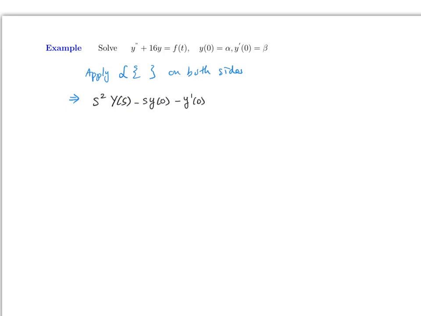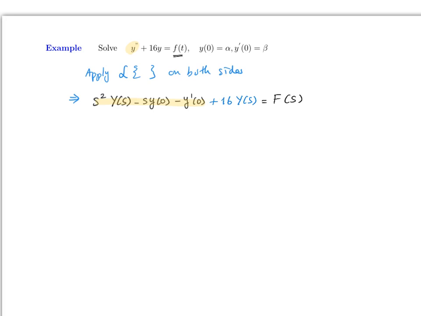So remember, this part is for this one. And then for the second part, just plus 16 times the Laplace transform of y. And then on the other side, for lack of a better name, since we don't really know what this function is, by definition, this is just F of s.